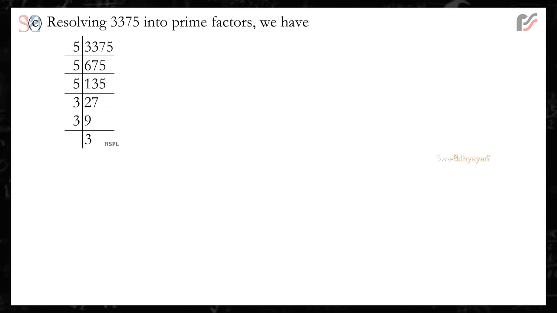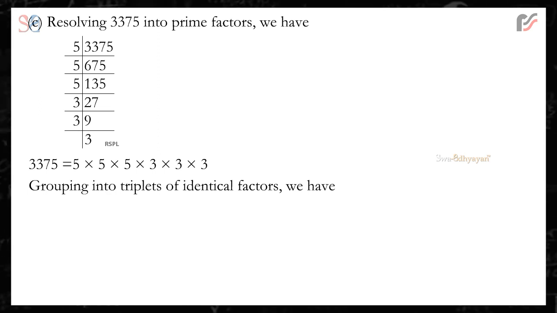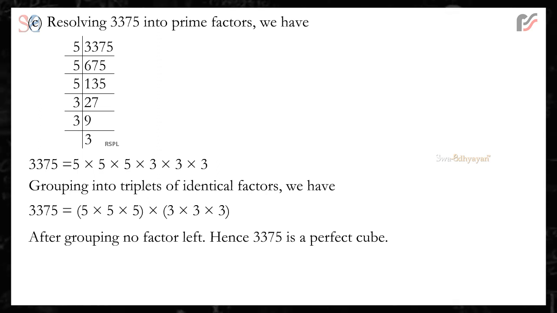On dividing 9 by 3, we get 3. 3375 is equal to 5 into 5 into 5 into 3 into 3 into 3. Grouping into triplets of identical factors, after grouping, no factor is left. Hence, 3375 is a perfect cube.